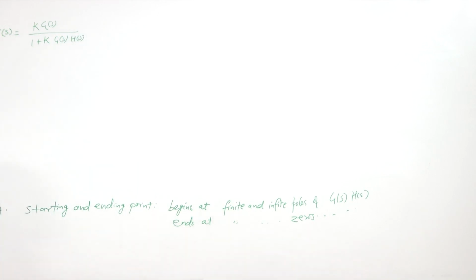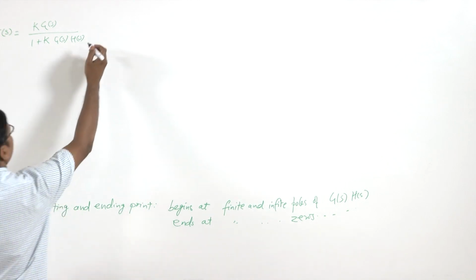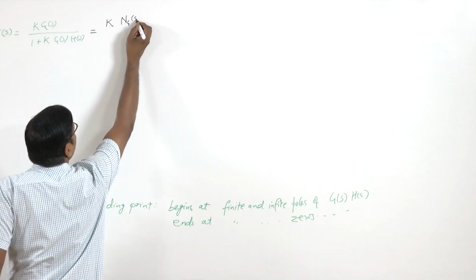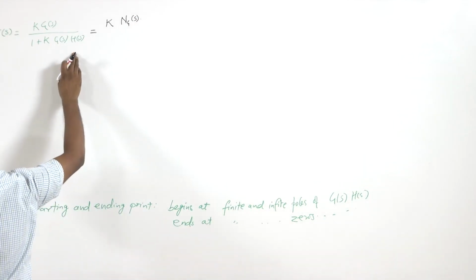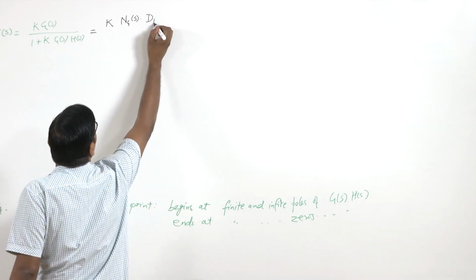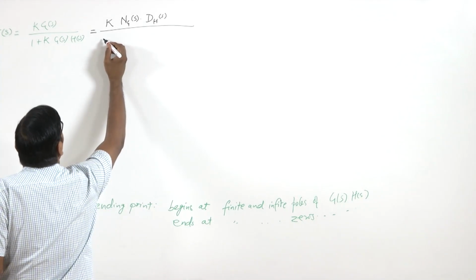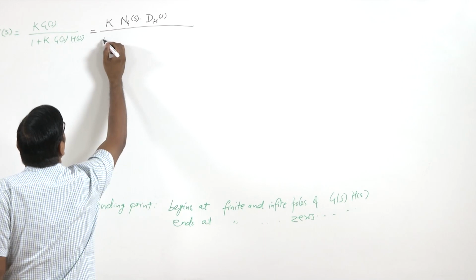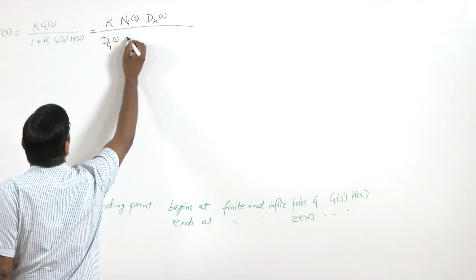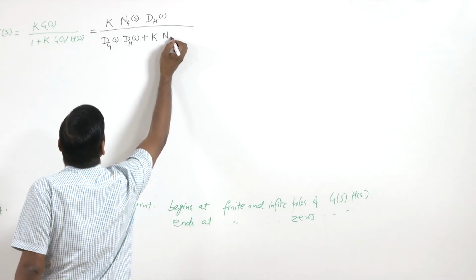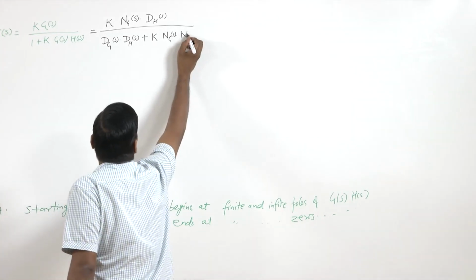So, this is the closed loop transfer function, and this we can also represent as K times N_G(s) into D_H(s) upon D_G(s) into D_H(s) plus K N_G(s) into N_H(s).